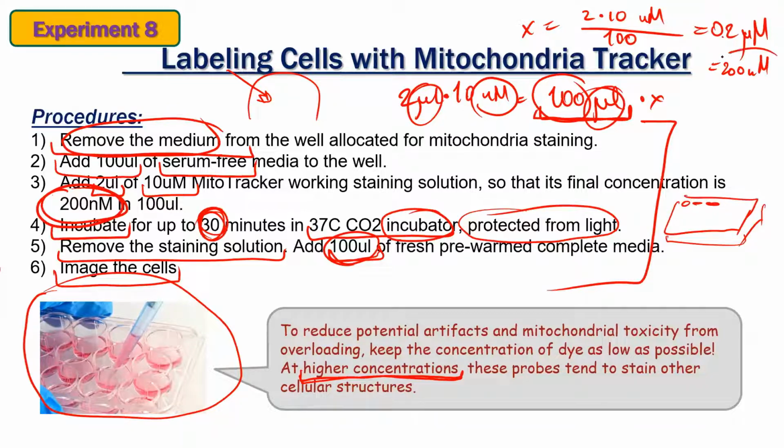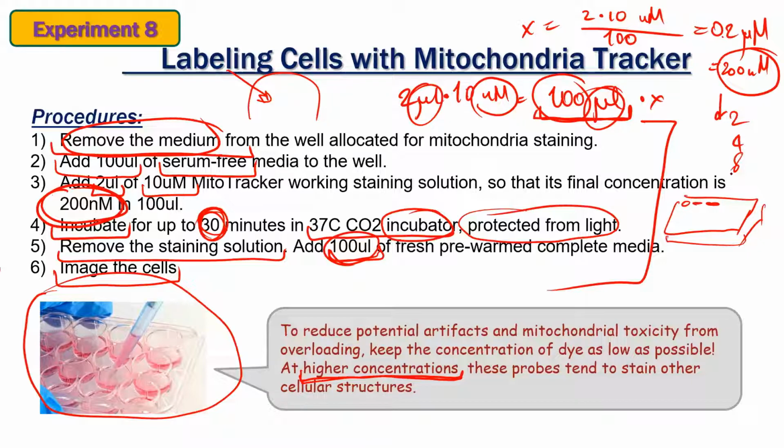So 200 nanomolar might be fine. In some cases, you might actually decrease it. You don't decrease it 10 times straight away. You're going to test it. So you decrease it 2 times, then 4 times, then 8 times, etc. You want to find the best staining condition so that you don't get a lot of background fluorescence when you do your experiment.